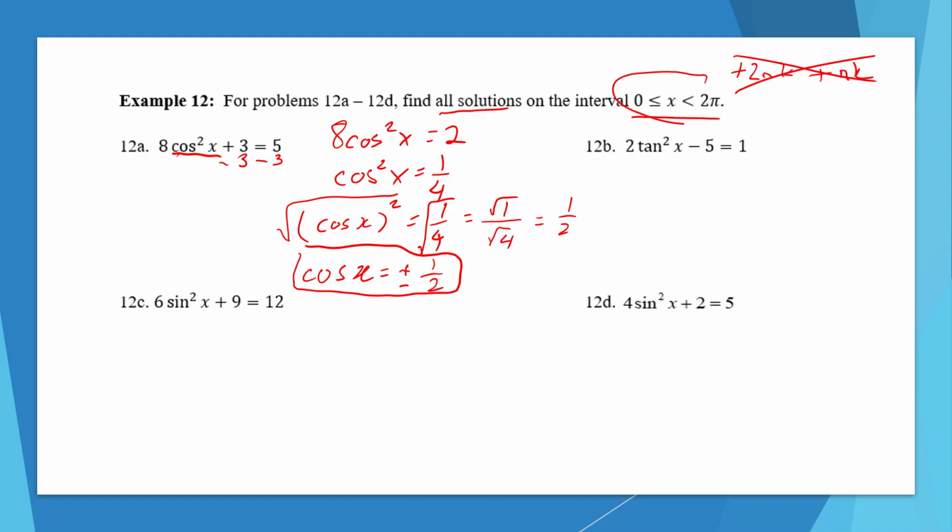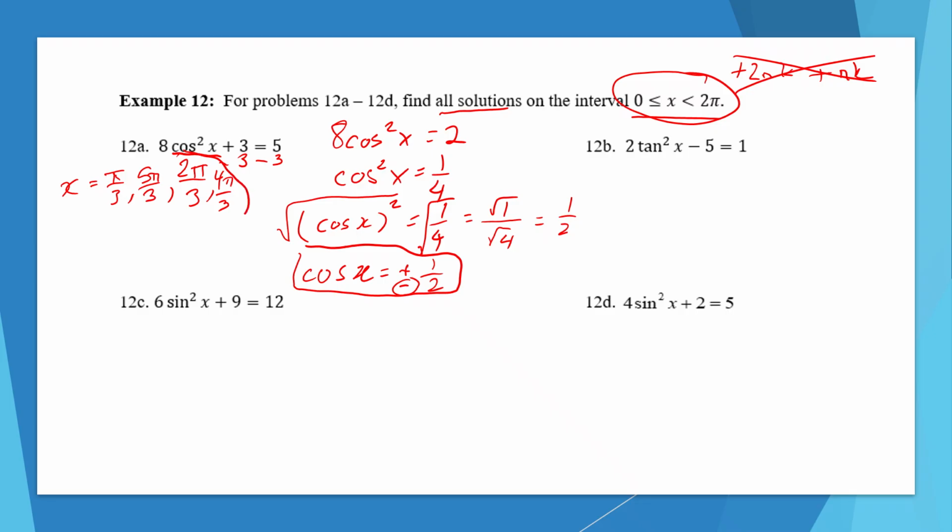And we're only looking at angles from 0 to 2 pi. So where is cosine equal to positive 1/2? Well, that's going to be at pi over 3 and 5 pi over 3. But now we have to also consider, where is cosine equal to negative 1/2? And that's going to be at 2 pi over 3 and 4 pi over 3.